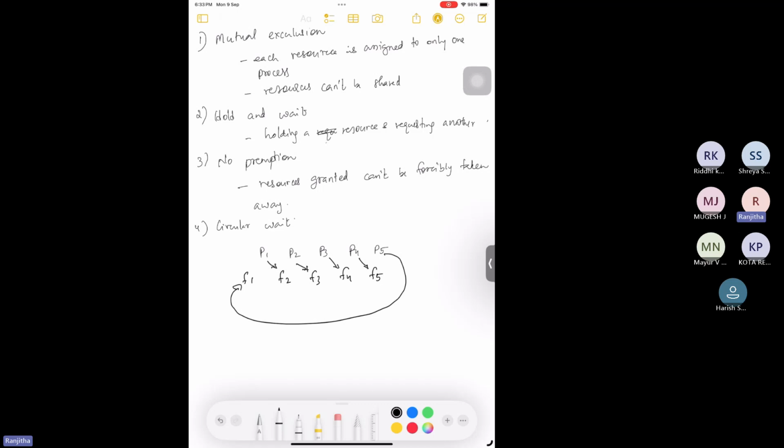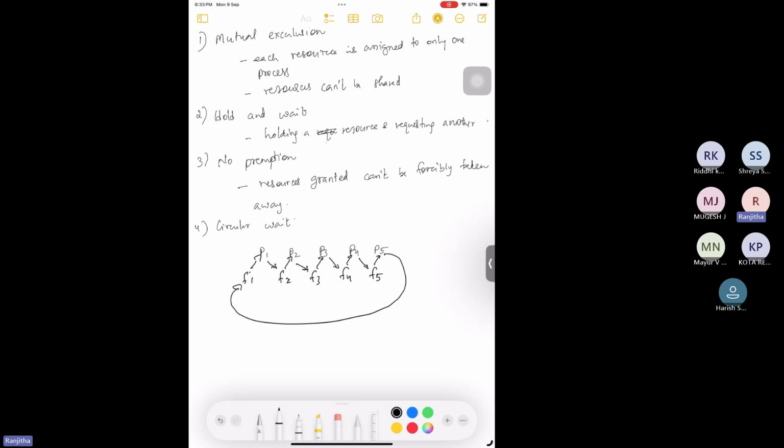P1 holds F1 and is waiting for a resource that is with P2. P2 is waiting for a resource that's with P3, P3 for one with P4, and P4 for one with P5. In turn, P5 is waiting for a resource that is with P1. So this is called a circular wait.